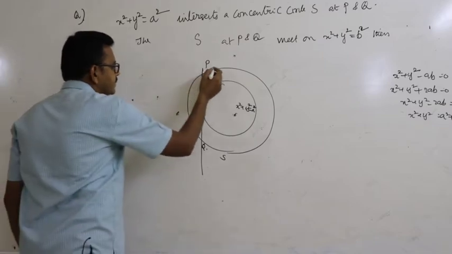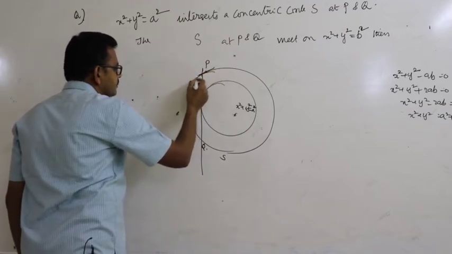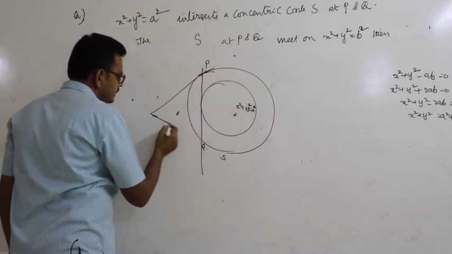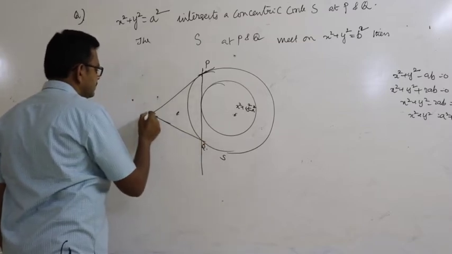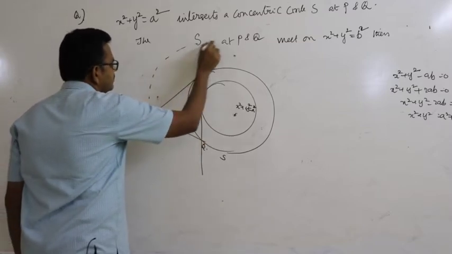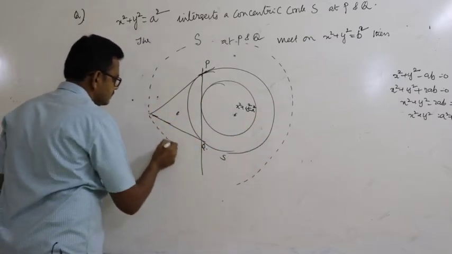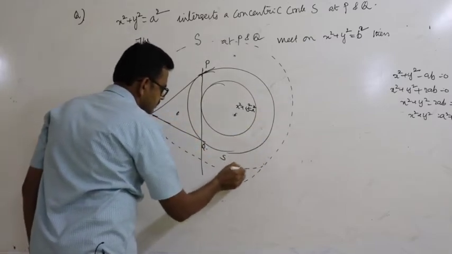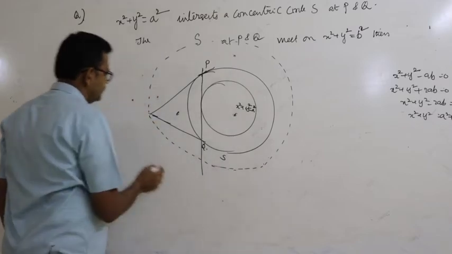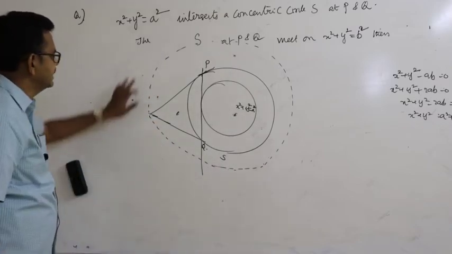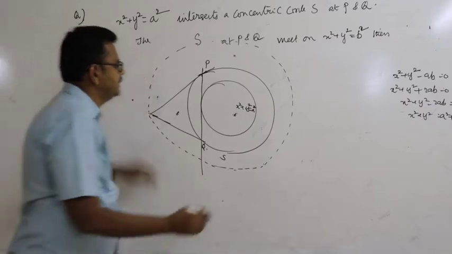Tangents at P and Q intersect on the circle x square plus y square equal to b square.